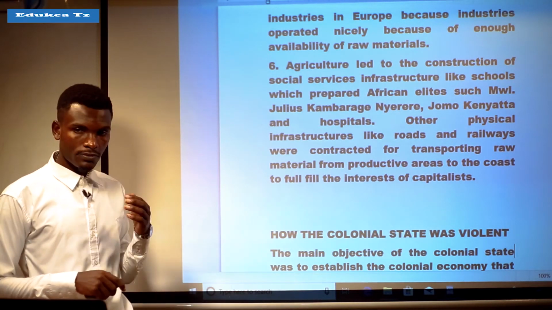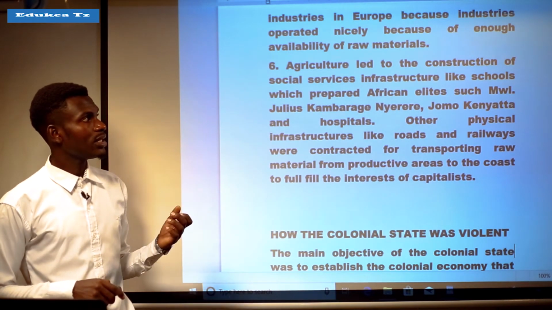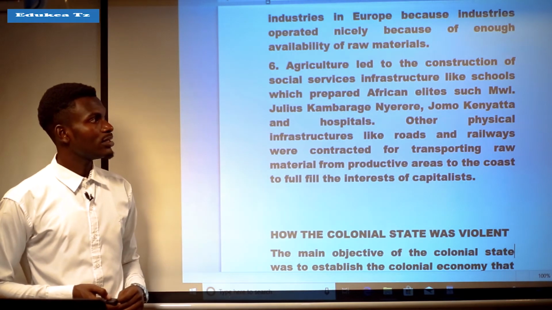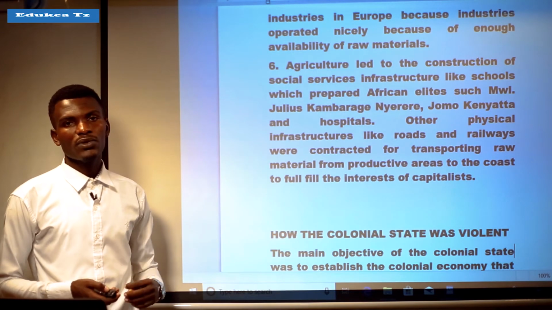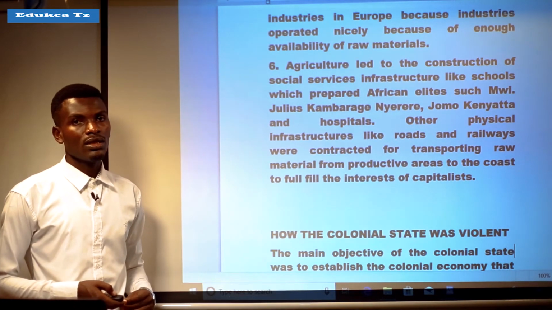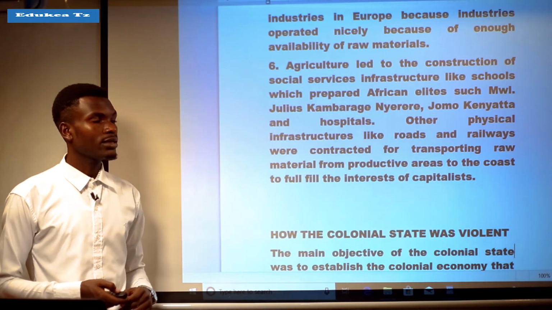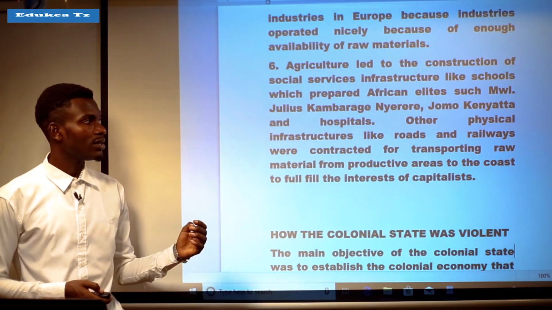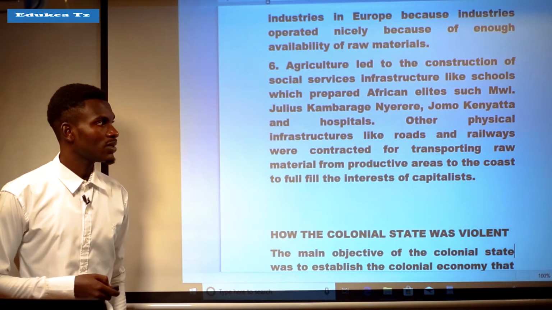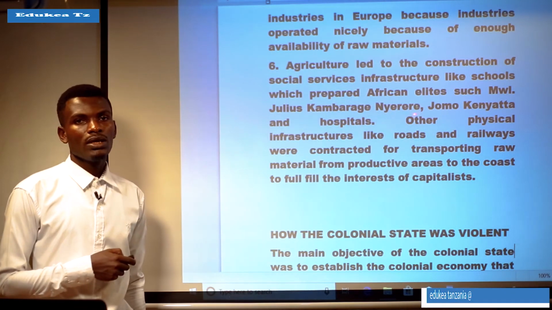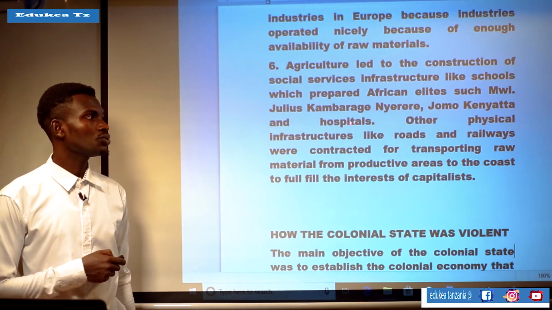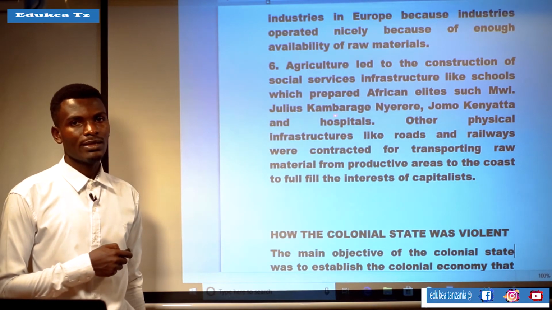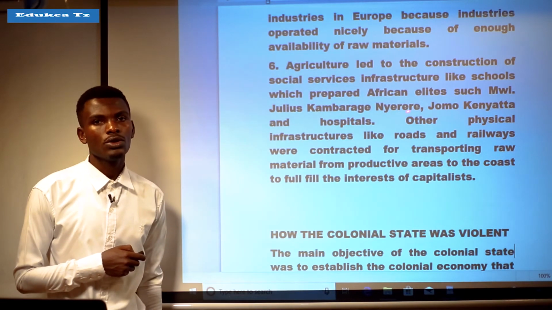It means that schools provided colonial education and led to the rise of African elites, as well as other social services like hospitals. Hospitals even now are used to provide health services to Africans. So that was among the benefits that Africans got from the colonial economy.